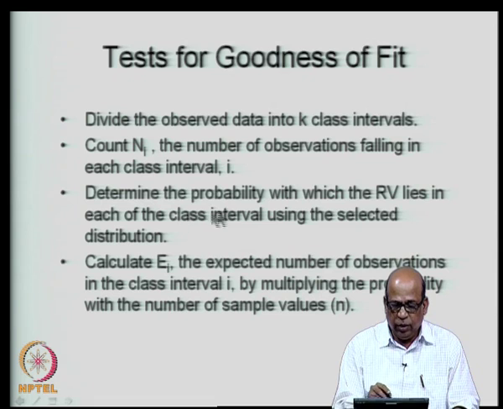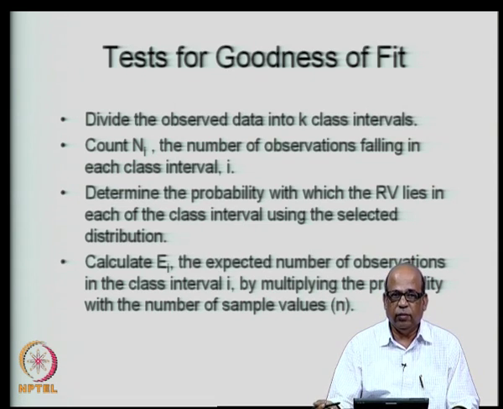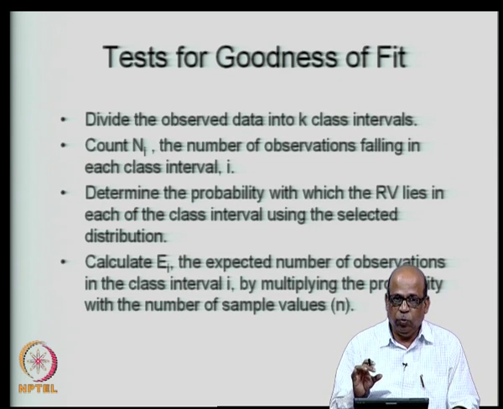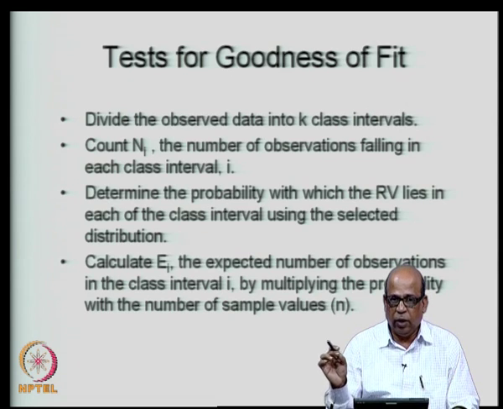Then we will determine the probability with which the random variable lies in each of the class intervals using the selected distribution. Let us say you are talking about the class interval 100 to 200 and you want to examine the expected relative frequency of a value belonging to that particular class interval when it is drawn from a normal distribution, for example, a normal distribution with a mean of mu and standard deviation of sigma.